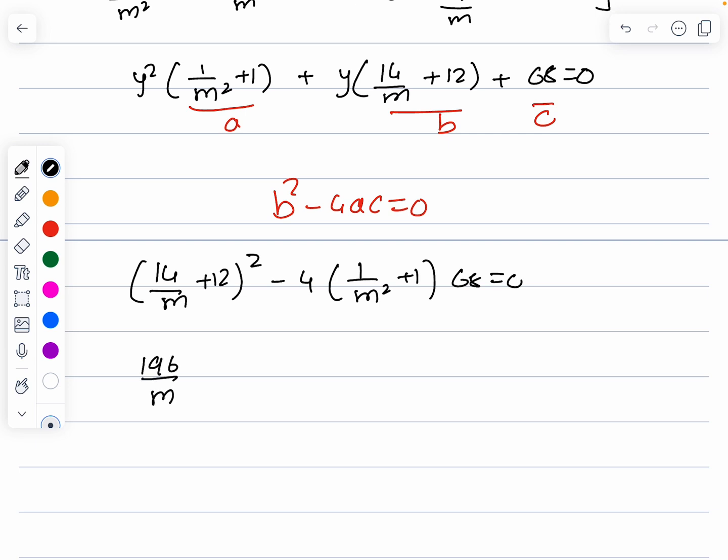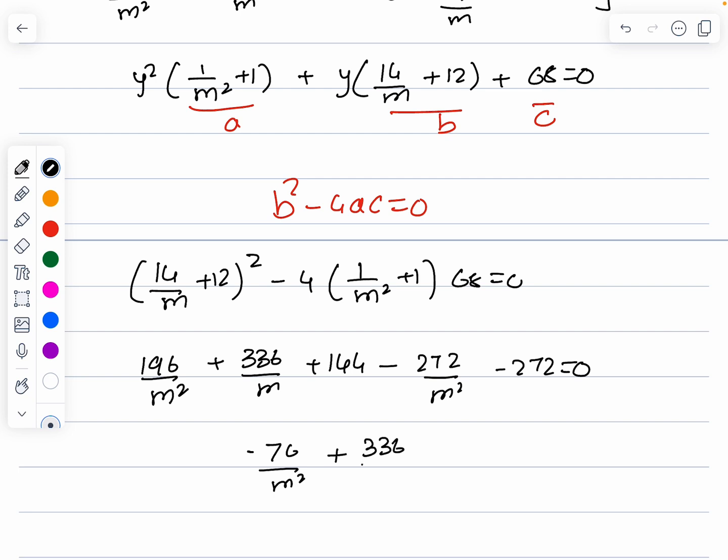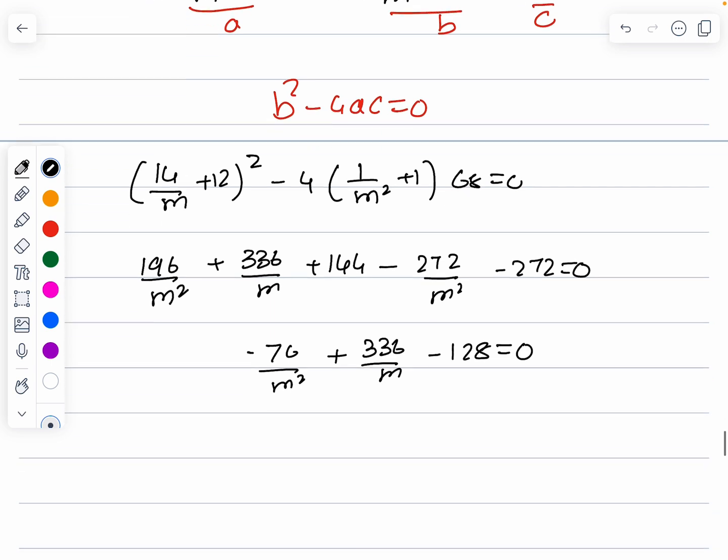196 upon m square plus 336 upon m plus 144 minus 272 upon m square minus 272 equals to 0. Negative 76 upon m square plus 336 upon m minus 128 equals to 0.